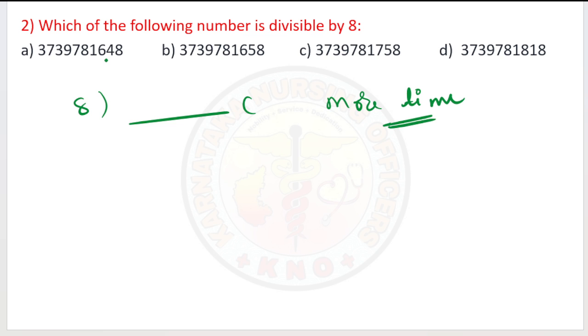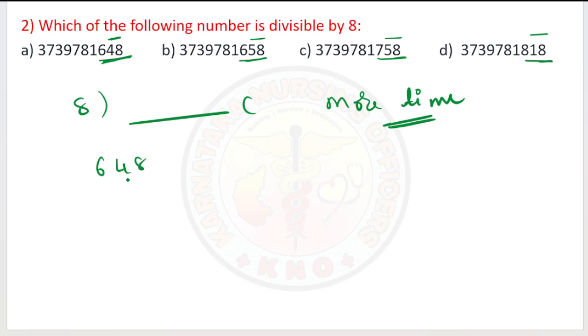Look for the last 3 digits for 8, and for 4, look for the last 2 digits. Understood? One extra digit must be added to check for 8. So here for 8, look for the last 3 digits.